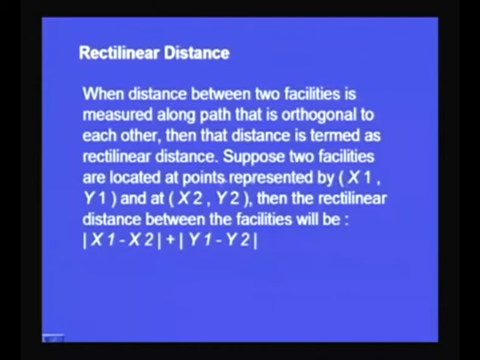Now suppose two facilities are located at points represented by x1, y1 and x2, y2. So there are 2 points. The location of the first point is x1, y1 and the location of the second point is x2, y2. Then the rectilinear distance between the facilities will be the absolute of x1 minus x2 plus the absolute of y1 minus y2. Now on your screen you can see a very simple diagram.